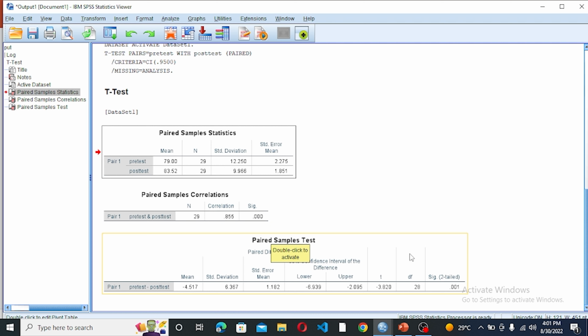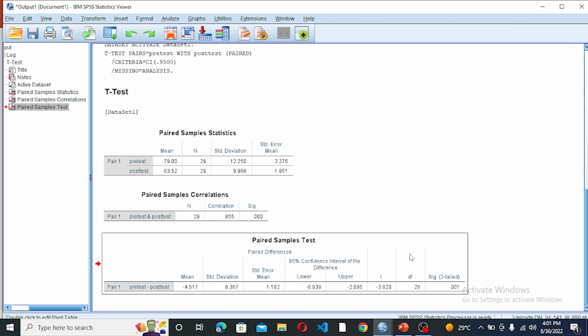Now, going to the paired sample test results. Now we have the t-statistics. We have the degree of freedom, and we have the significance level, 5% significance level. The t-statistics, the result is minus 3.82, while the significance level is 0.001.